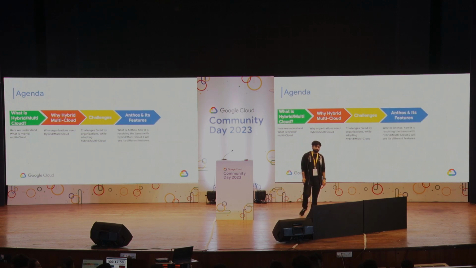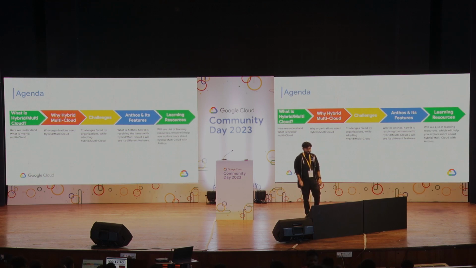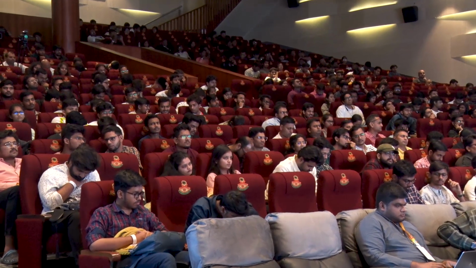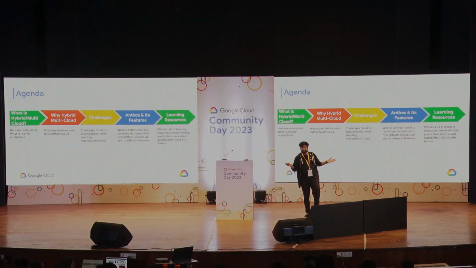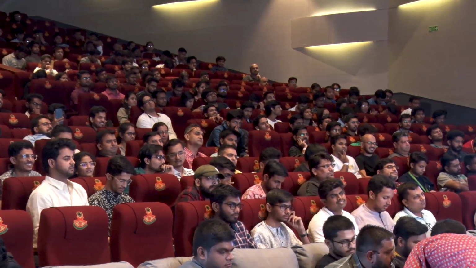And then we'll see the Google Cloud product called Anthos and its features while setting up this kind of environment. And then I will provide some learning resources so that you can set up your own multi-cloud environment. So, ready? Excited? Yeah? No, why? What happened?